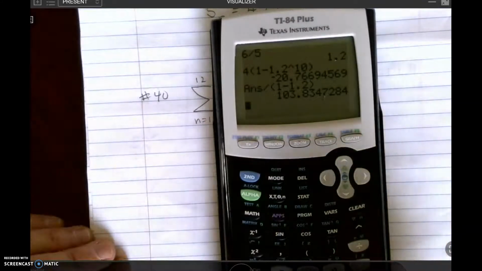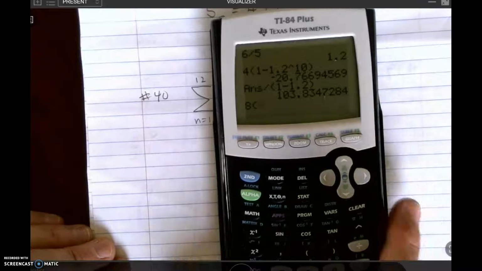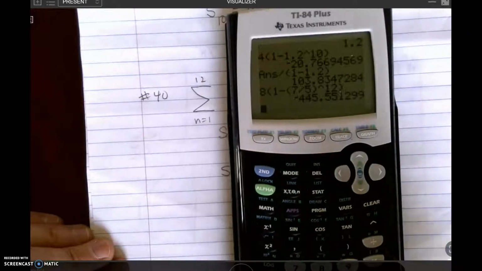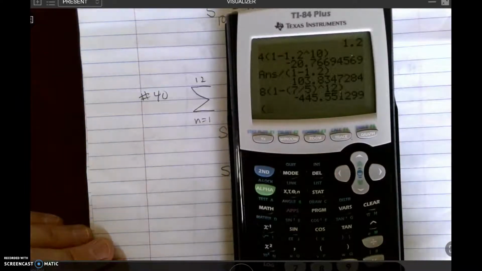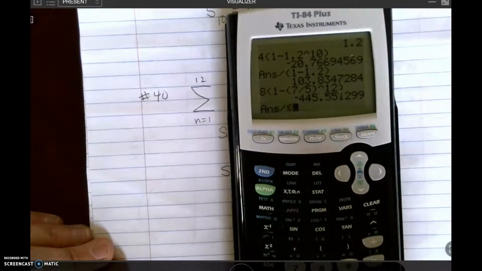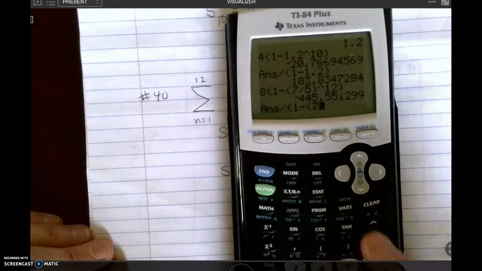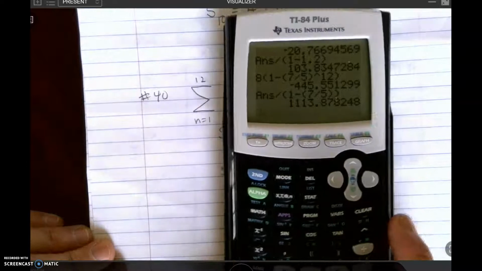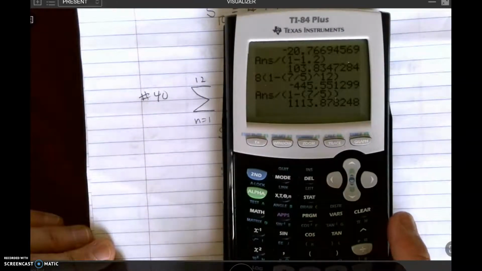I've got 8 times 1 minus, in parentheses, 7/5 to the 12th power, all divided by, oh, I didn't hit divided by, in parentheses, 1 minus, in parentheses, 7/5, and to the nearest hundredth, that'd be 1,113.88.